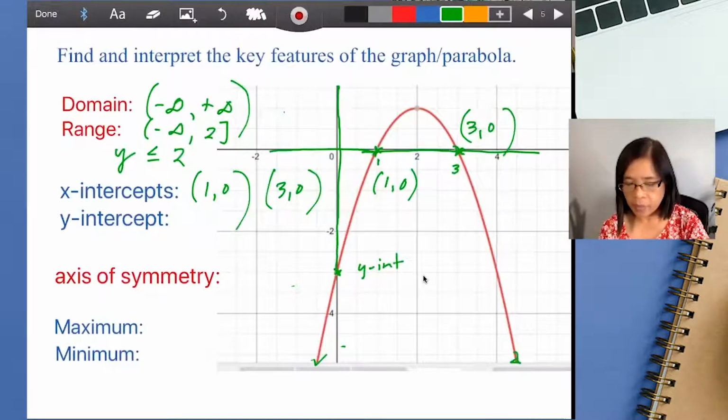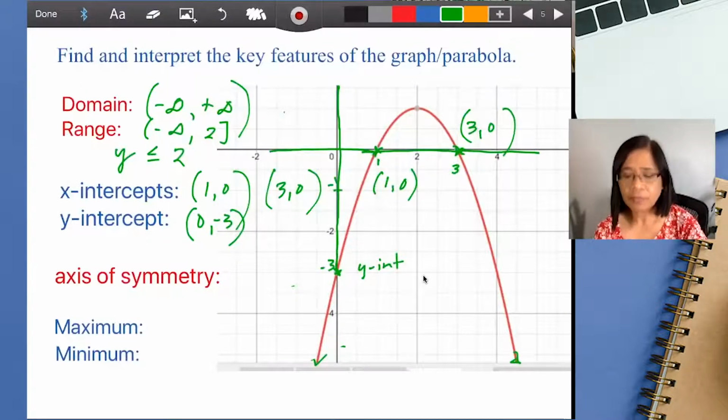Let's find the coordinates of this point. This is 0, this is -1, -2, so this is at the point -3 for y. Therefore, our y-intercept is 0, -3. Our interpretation for the y-intercept is the point where the graph touches the y-axis.